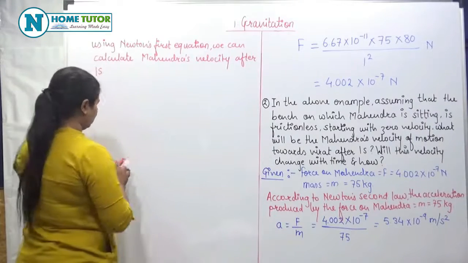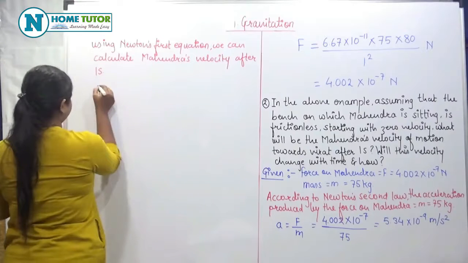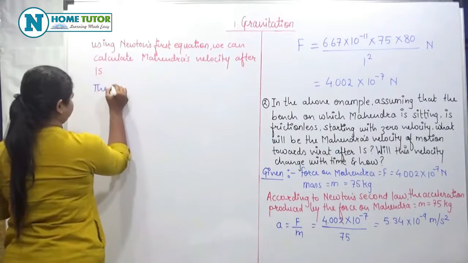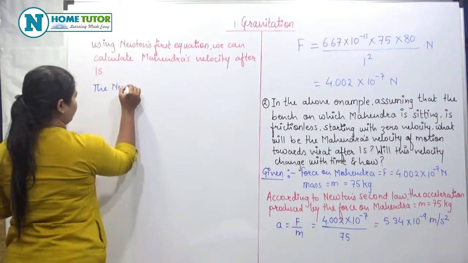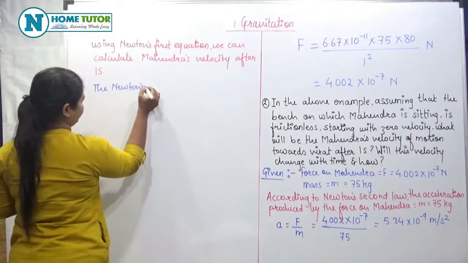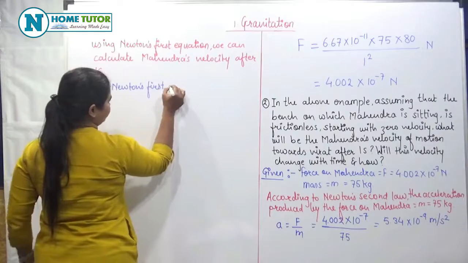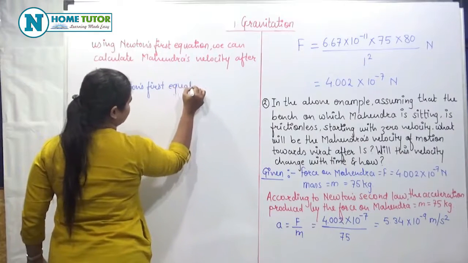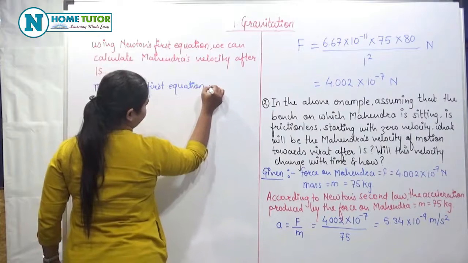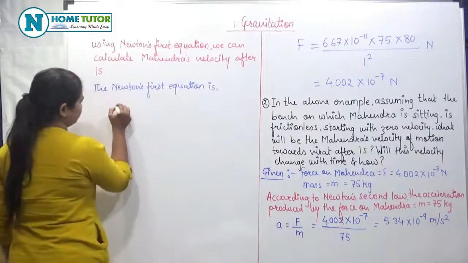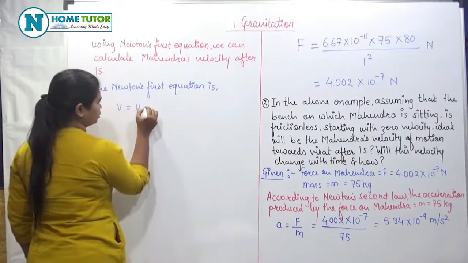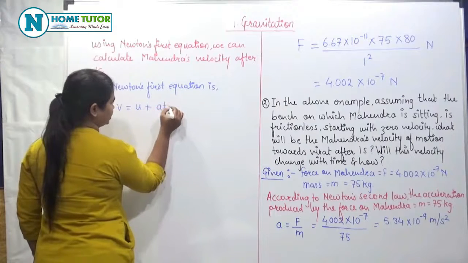So Newton's first equation is V is equal to U plus AT.